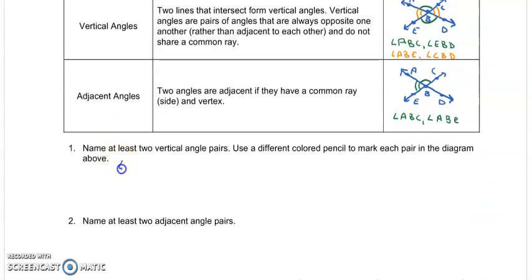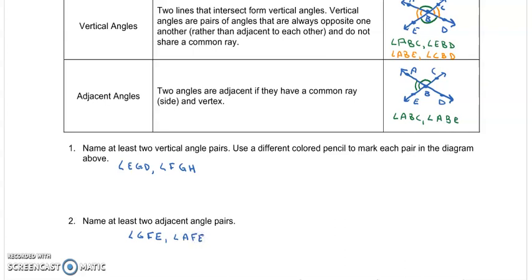So this could be like angle EGD. Find that up on your picture. And angle FGH. An example of adjacent angles would be something like angle GFE and angle AFE.